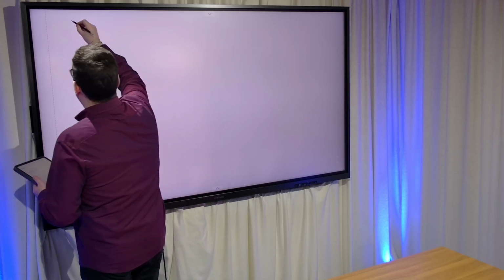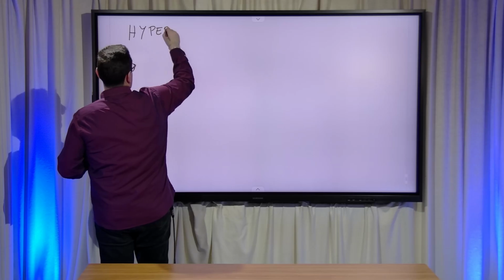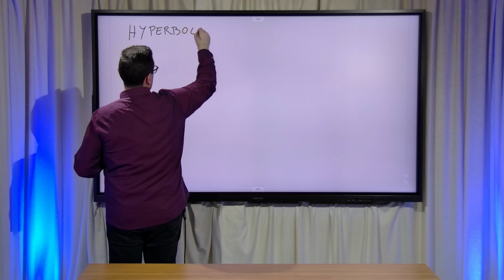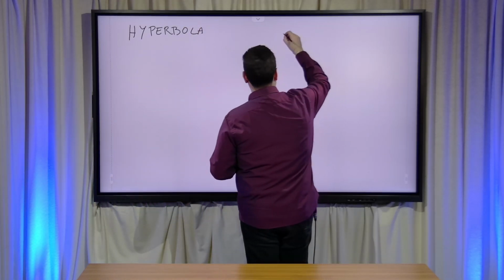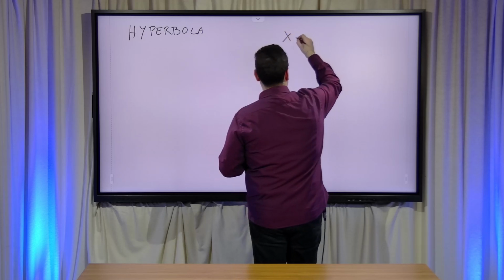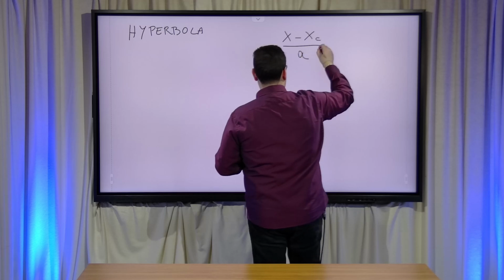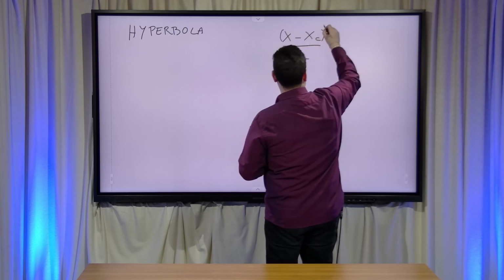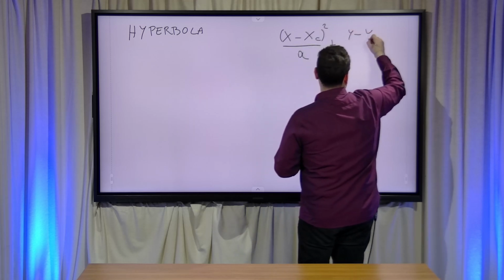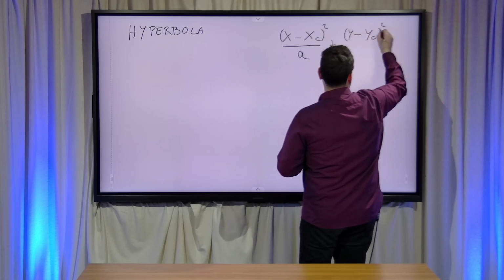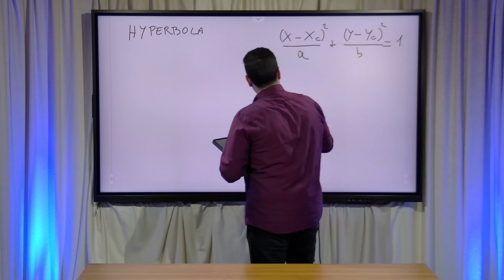Okay, the next function is the hyperbola. I can write here the equation of the hyperbola, that is x minus xc over a to the power of 2 plus y minus yc over b squared is equal to 1.